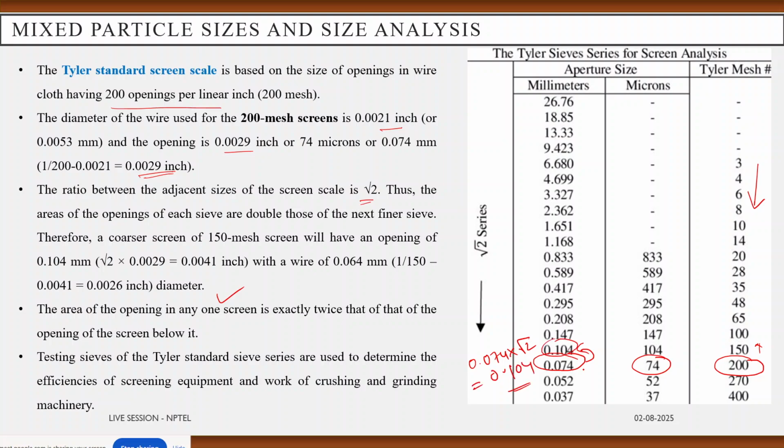If you go from here to here, you can simply divide by root 2. So you can follow the Taylor sieve series for calculating any aperture size based upon the available data.